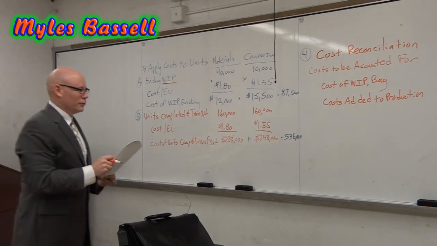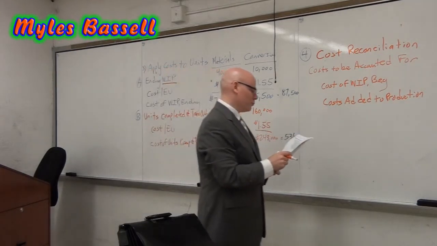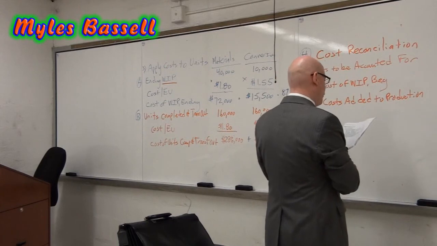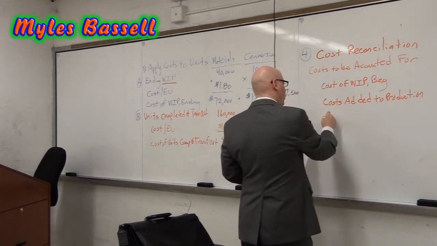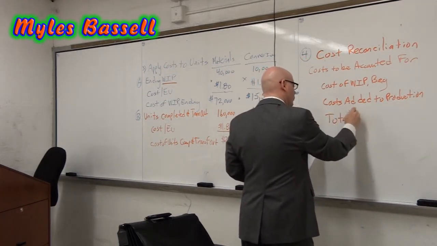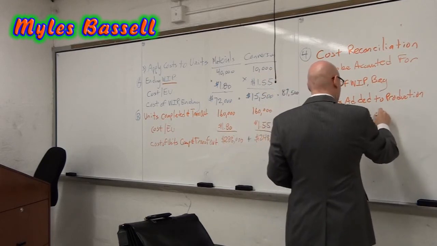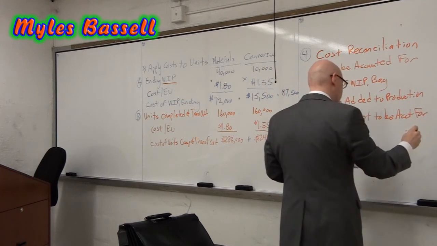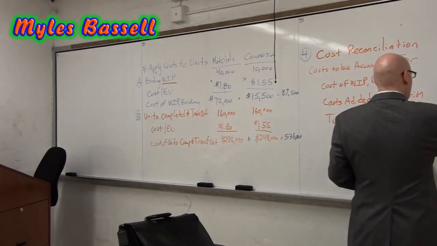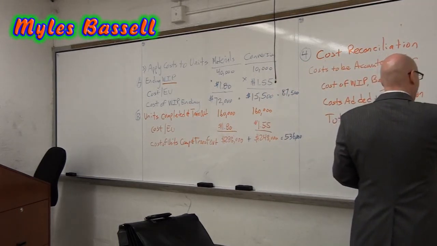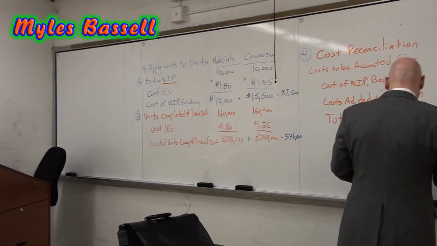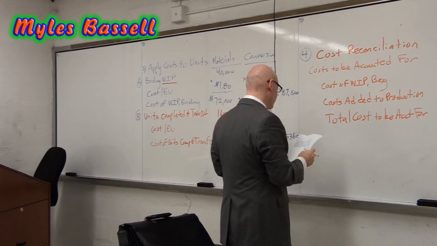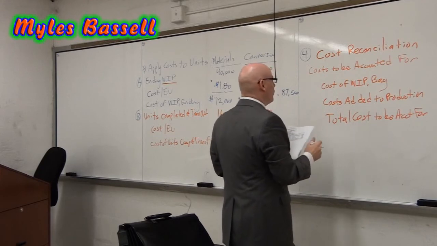We add those together. Right. That gives us the $573,500. So the total cost to be accounted for is 623,500. That's the cost that we need to account for.